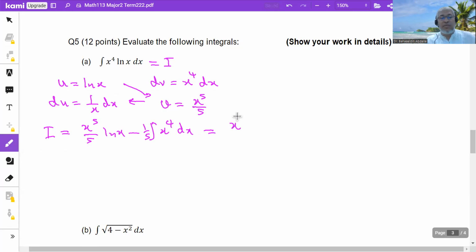So the final answer would be x to the power 5 over 5 ln x minus. Now the integral of x to the power 4 is x to the power 5 over 5. And I have 5 outside in the denominator, so I'll have 1 over 25 x to the power 5 plus c, and that's the answer.